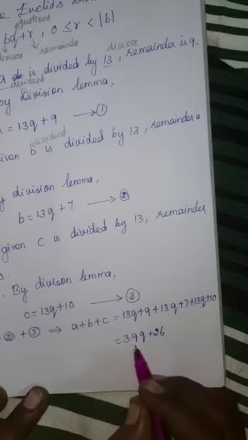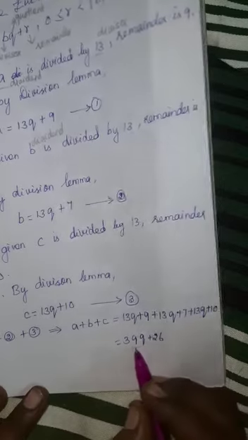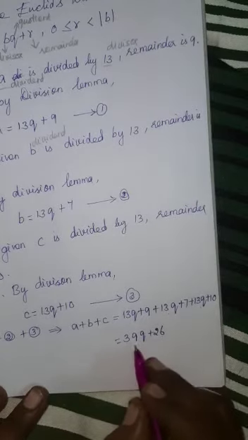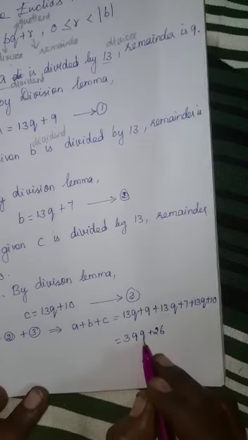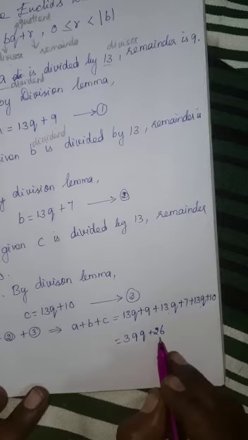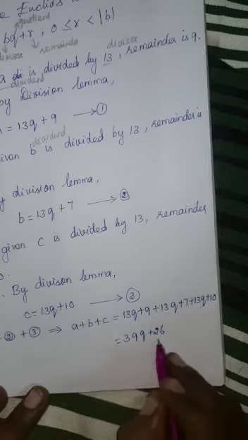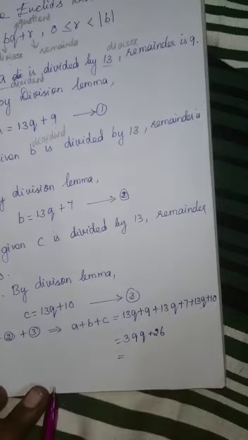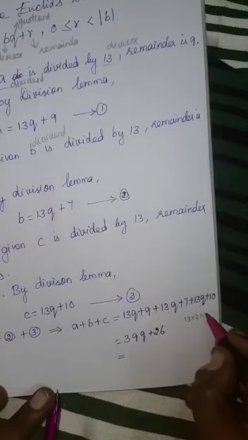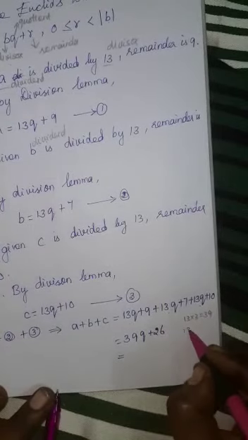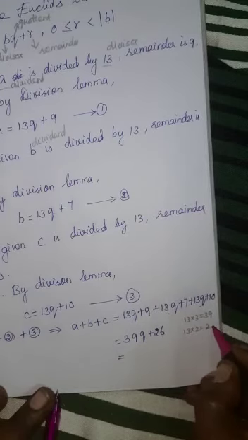Is there any common value in these two terms? 39 is the coefficient of q and 26 is the constant term. In these two, the number 13 is common. 13 into 3 is equal to 39 and 13 into 2 is equal to 26.